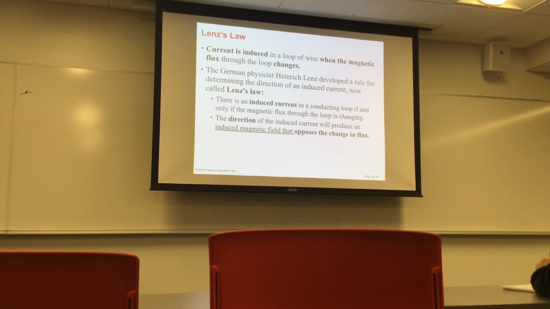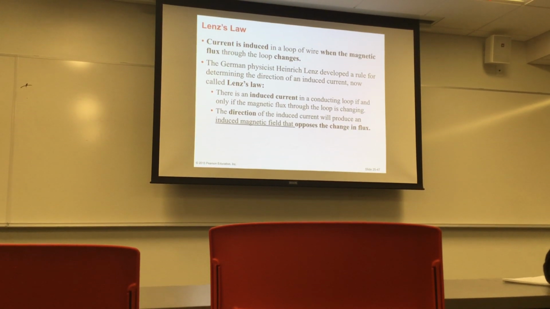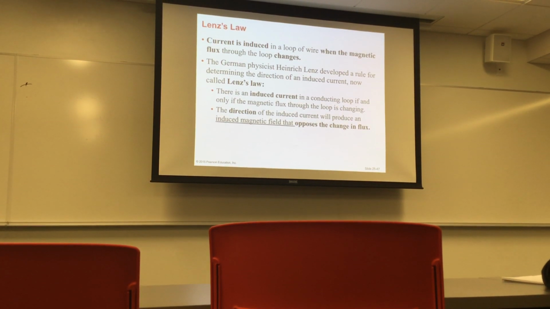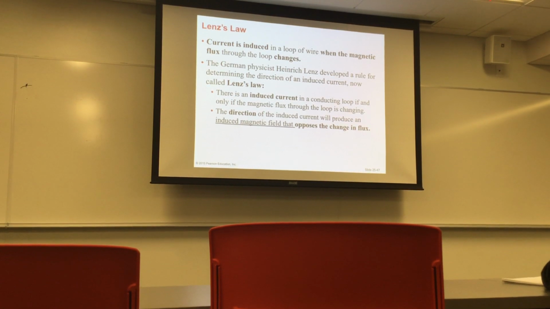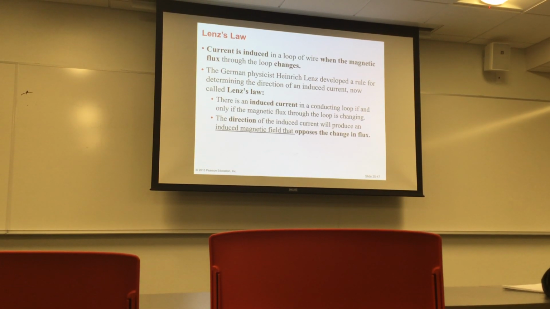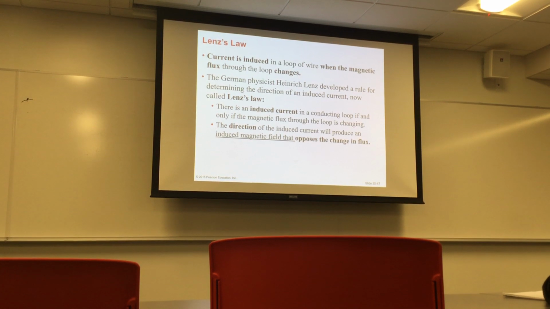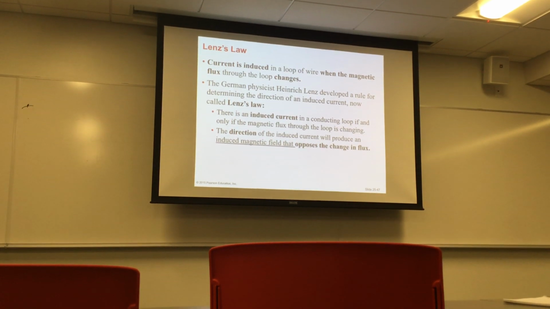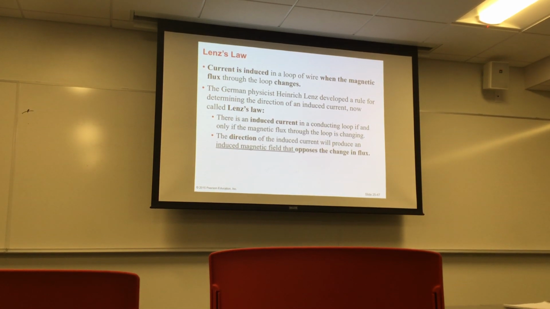If we have a changing magnetic flux through a loop, you will have an induced current. Lenz's law tells you the direction of this current, because the current induced is such that it will oppose the changing flux. A current induces a magnetic field.